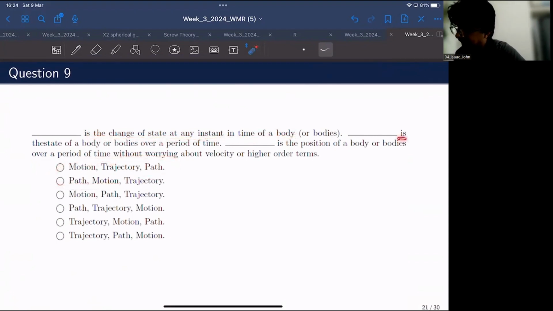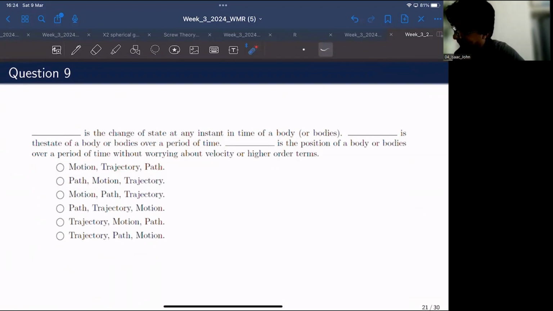The second statement is dash is the state of a body or bodies over a period of time. And dash is the position of a body or bodies over a period of time without worrying about velocity or higher order terms. The given options are motion, trajectory, and path.